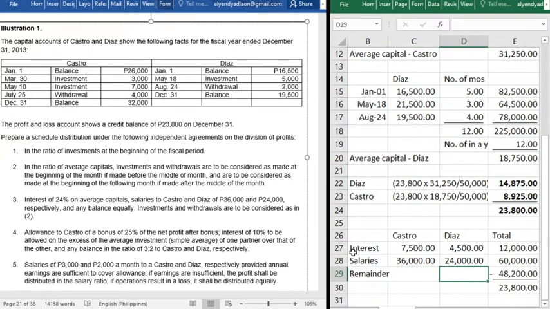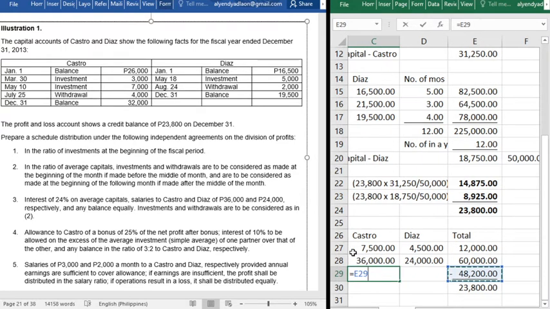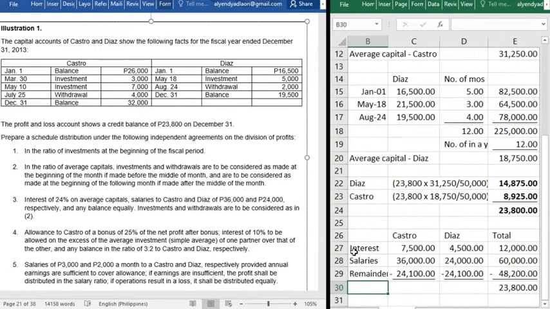So for the remainder, just multiply the 48,200 with the given ratio. Since the ratio is equal, we just have to divide it by 2 or multiply it by 50%. This one times 50%, and this one times 50%. So they are equal as to the remainder.